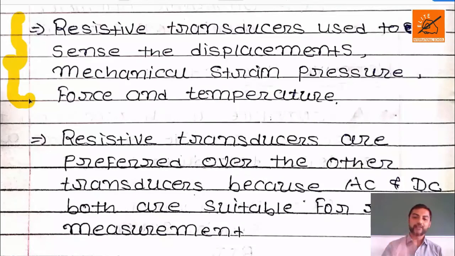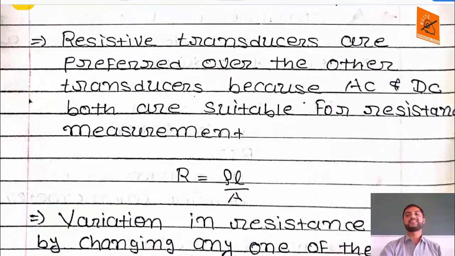Next point, resistive transducers are preferred over other transducers because AC and DC both are suitable for resistance measurement.